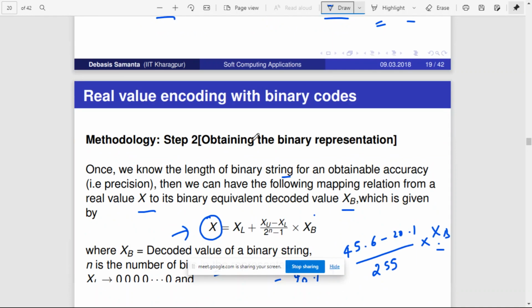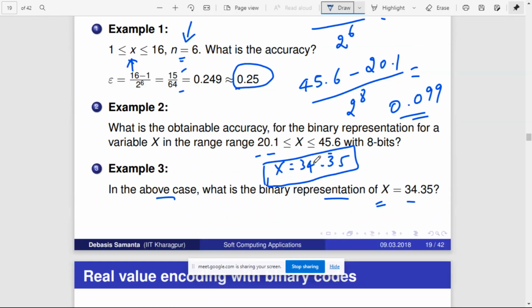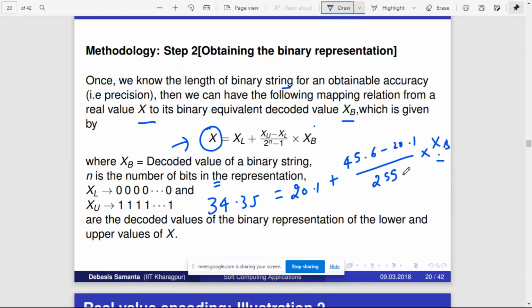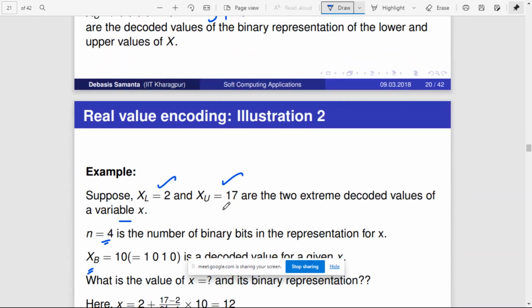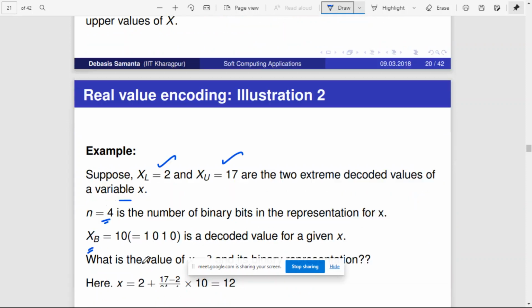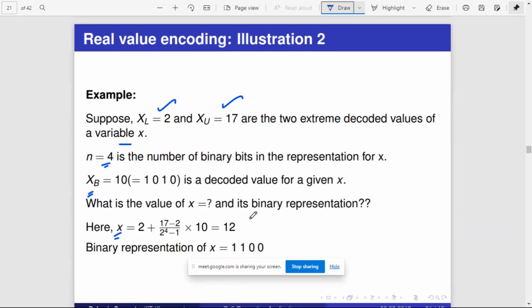In the previous problem, x is given and you are asked to find xb, so you have to take everything to this side and solve this equation. It's not a difficult thing. But in this case, you are asked to find x, not xb, right?